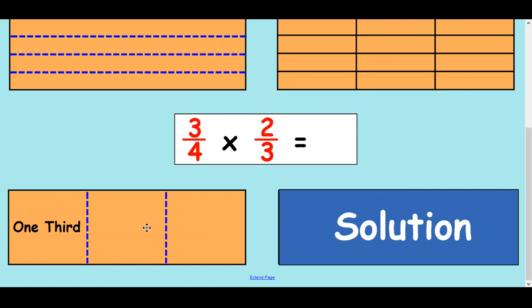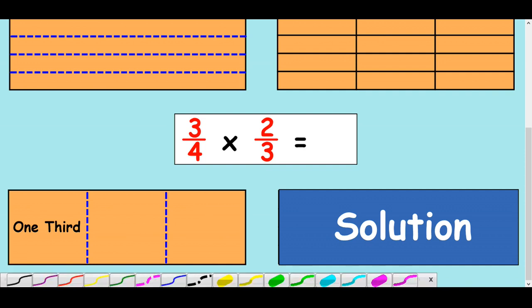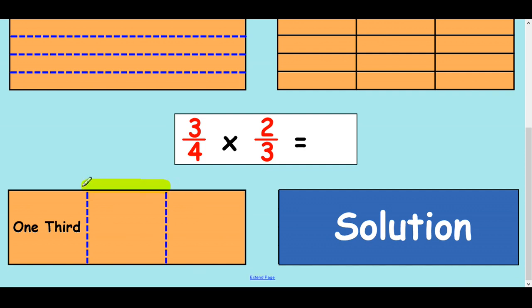This is the last one I'm going to look at with a picture. 3/4 of 2/3. That's what we're looking at here. We can see here that 2/3 is there.